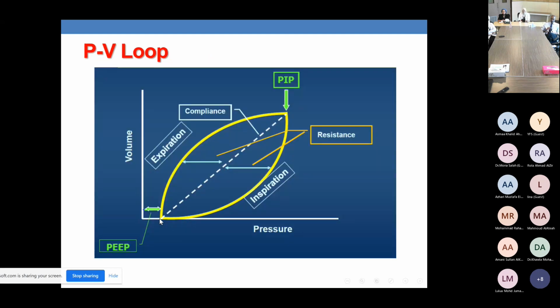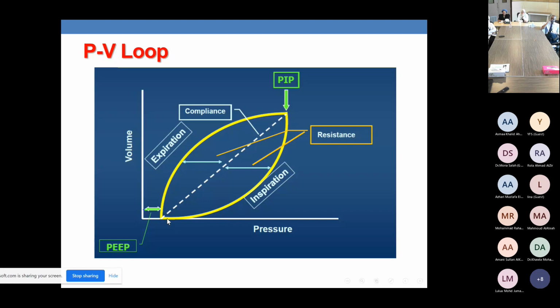Now the pressure volume loop. It should start from the PEEP here. This is the pressure. You should start from the PEEP, and of course the volume starts from 0. So you start by inspiration till you reach the PIP, and here is what we call the critical opening pressure.